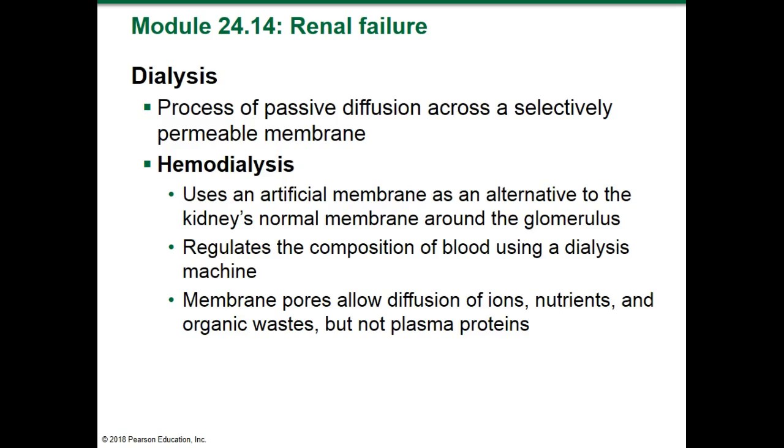There is dialysis. Passive diffusion across a selectively permeable membrane. Hemodialysis uses artificial membranes. We can regulate the composition of blood doing this with the dialysis machine. Membrane pores do allow diffusion of the ions, nutrients, and organic waste, but not the plasma proteins.